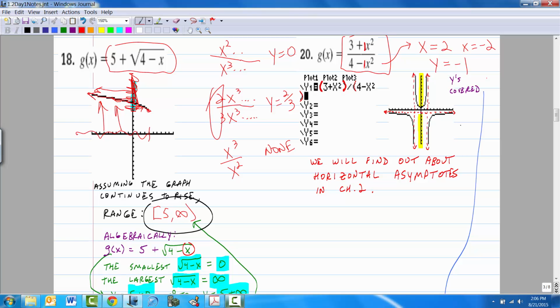So what's the range after all this rigmarole that I just went through? Well, the range is what y values are covered. Here's this y coordinate. Here's this y. These are two x and y coordinates. That just means the function's not 1-to-1. So all these y's exist all the way up to this imaginary dotted line. Remember, asymptotes, for the most part, horizontal ones are approached but not crossed.